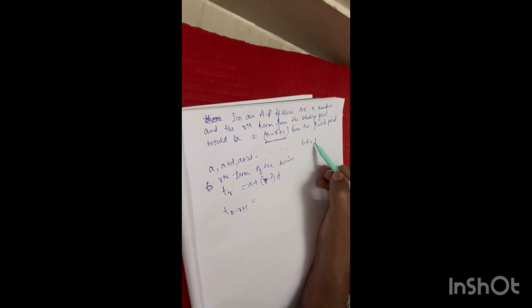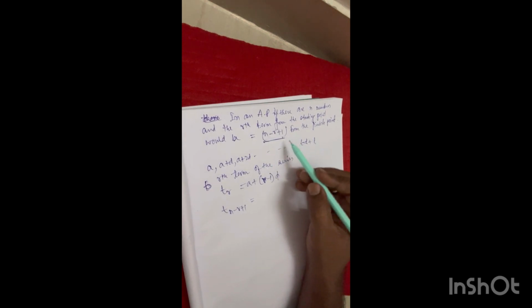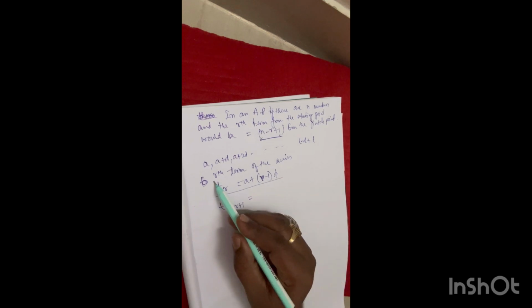So unless it is L minus d, the next term would not be L. So from the last end, this will be the same term, this is the rth term from the first end, and the same if I see as per the rule I have derived, it will be n minus r plus 1.